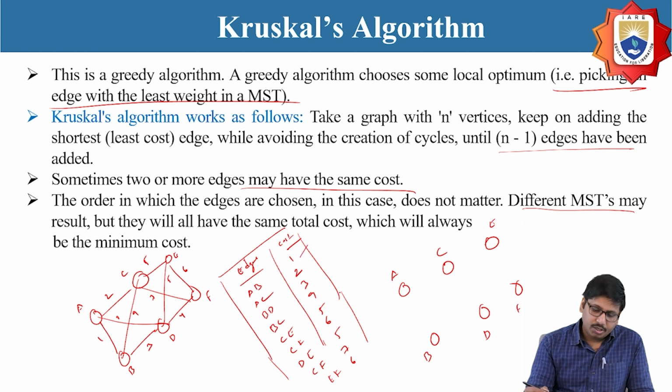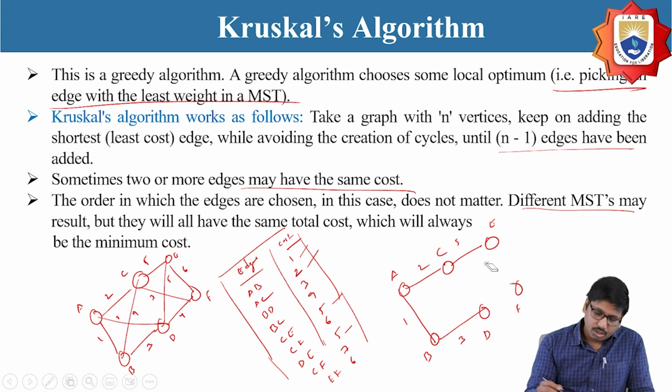The first one is AB, so I'm going to select that, and the next one is AC, so this one is selected. Next one is BD, so this one is selected, and next I can select either DE or CE. So CE is selected, and DE, if I consider it, is going to form a cycle, so I'm not going to select this.